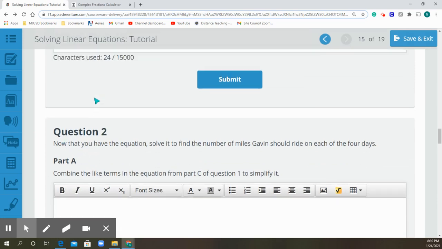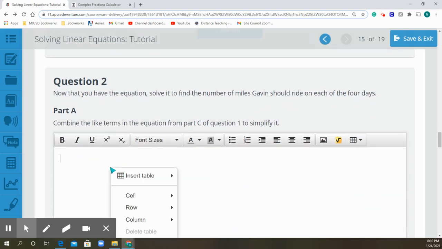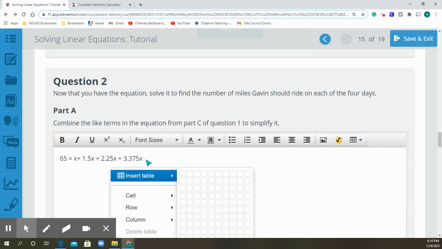Now, because the whole point of this is adding like terms, now that you have the equation, solve it to find the number of miles Gavin should ride on each of the 4 days. We did that, and it is 8 miles.